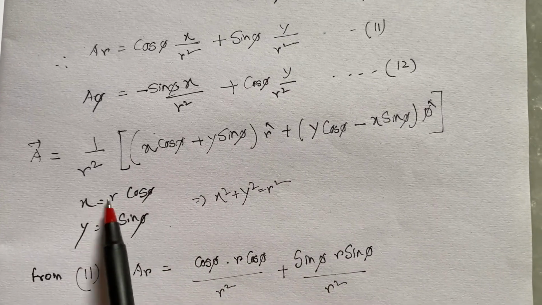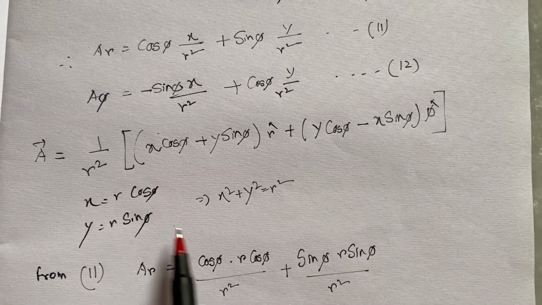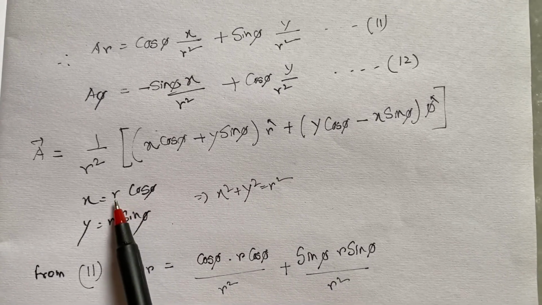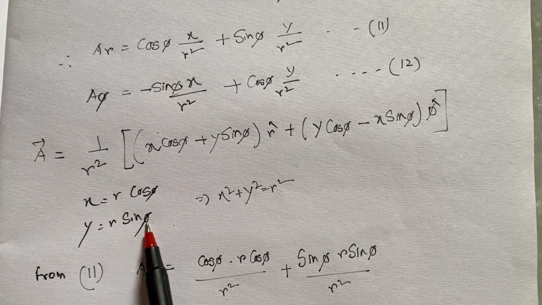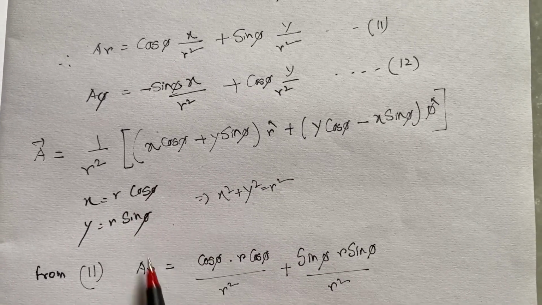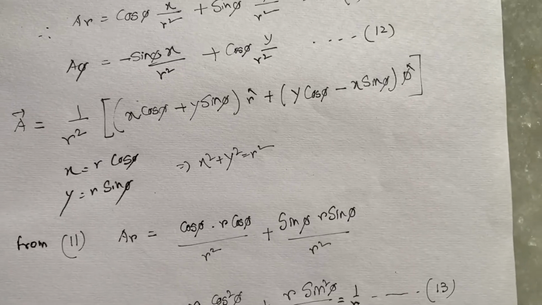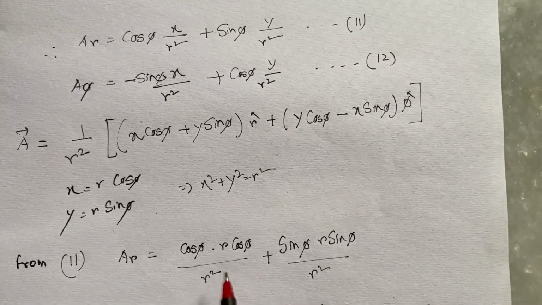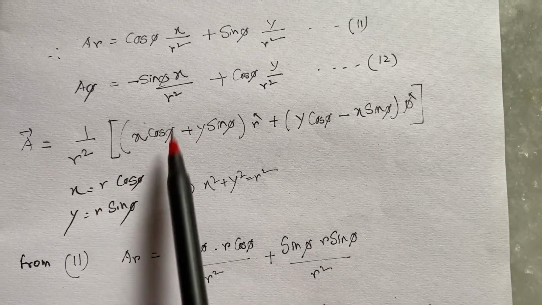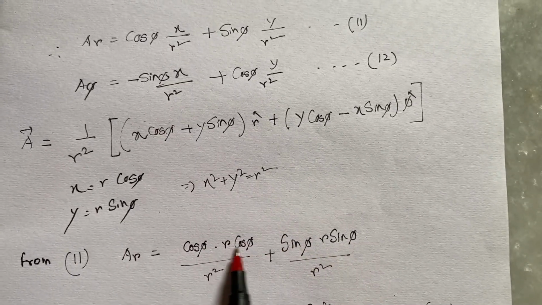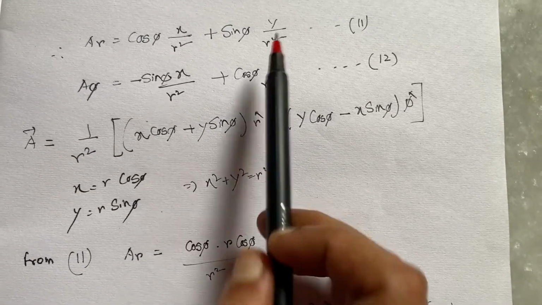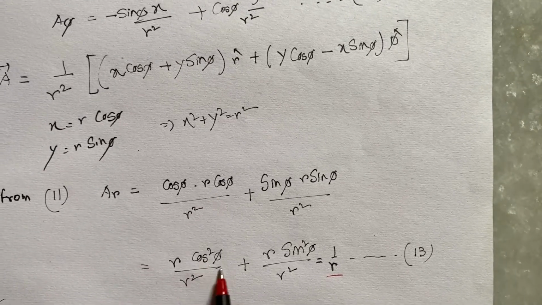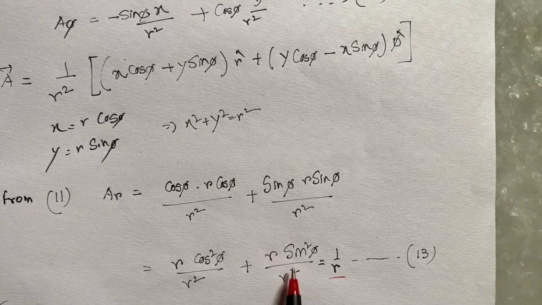Now x is equal to r cos phi and y equal to r sin phi, and x square plus y square equal to r square, because r square cos square phi plus r square sin square phi will give me just r square only. Now if I use this equation 11, putting x equal to r cos phi in this equation 11, I have obtained AR equal to r cos square phi by r square plus r sin square phi by r square.